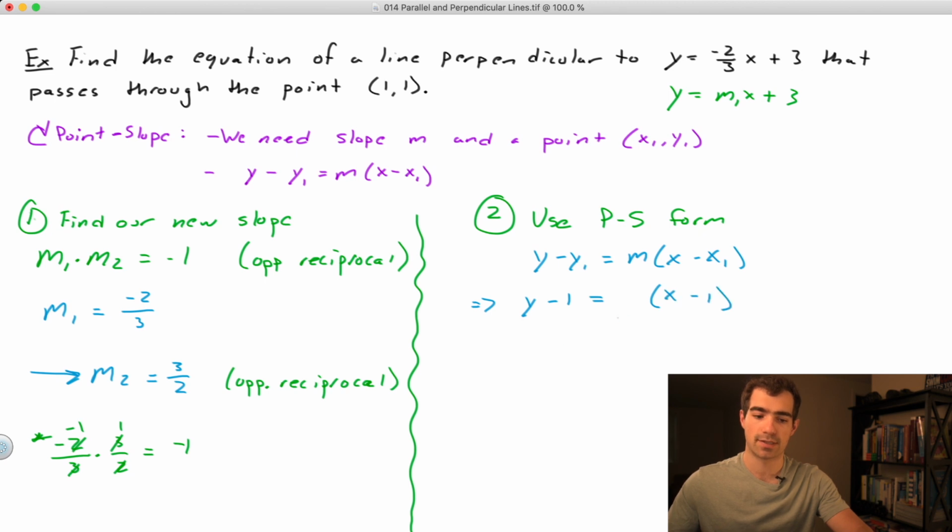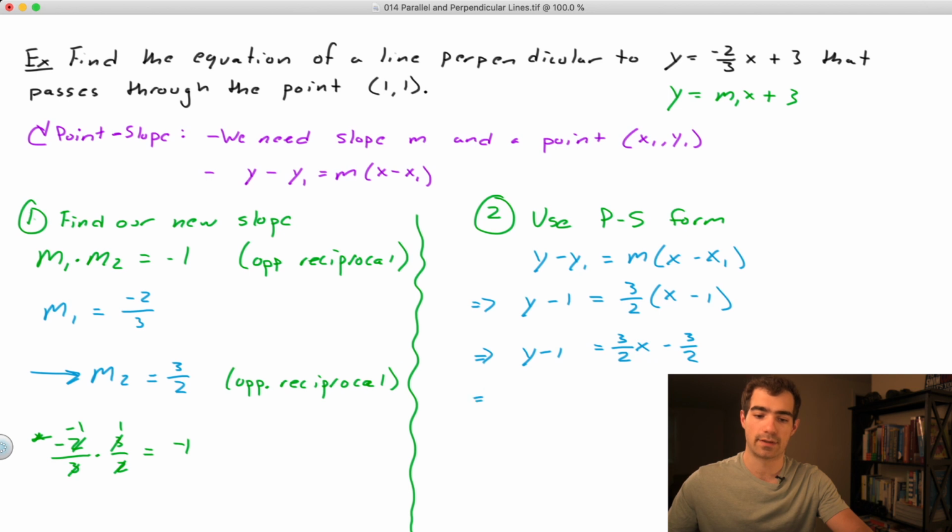And we know that our slope, as we just found, is going to have to be 3/2. So we can go ahead and plug that in here and have y minus 1 equal to 3/2 times x minus 1. Simplifying this from here, y minus 1 is going to equal 3/2 x minus 3/2 as we distribute that 3/2 to both terms.